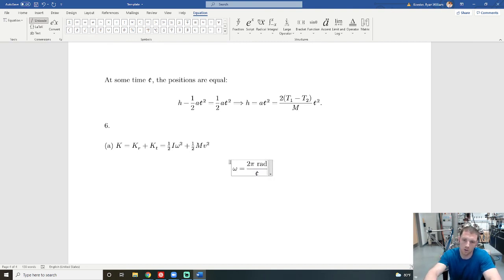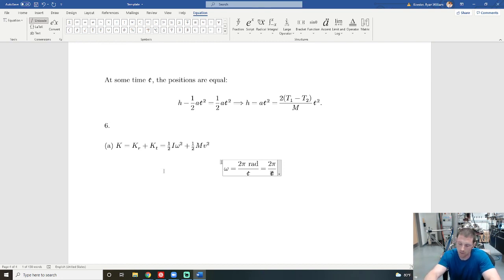And so we can write that omega is simply 2 pi over this little t. Now, of course, you have to convert this little t from hours to seconds, but that's something you can just ask Google about.